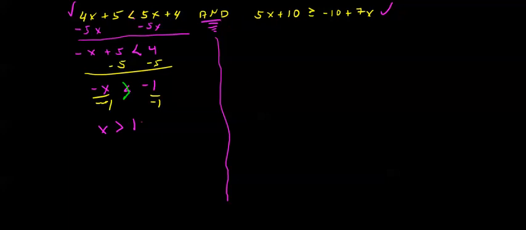Awesome. Now I'm going to do this side. Again, I want my x on the left, but I'm going to show you what happens if you do it the other way. I'm going to put my x on the right. Minus 5x, minus 5x. And to save time, plus 10, plus 10.